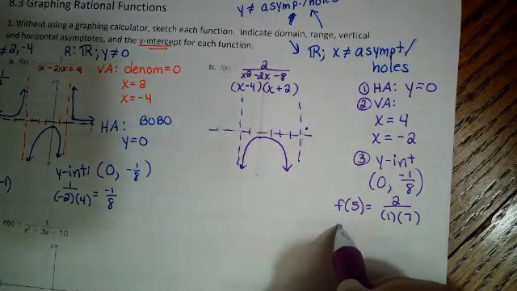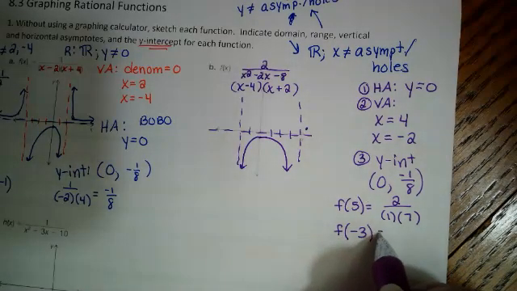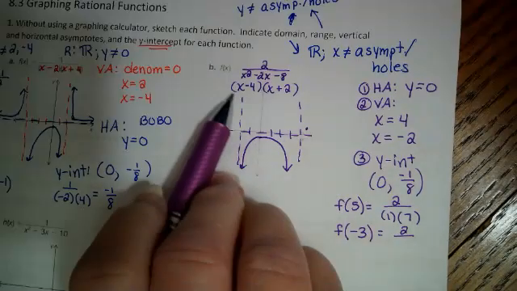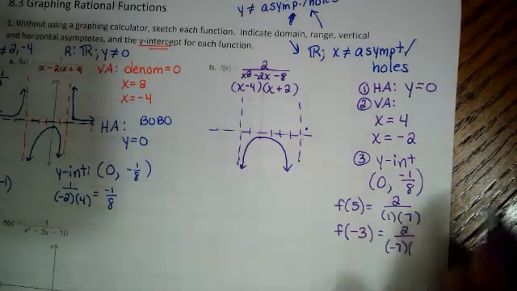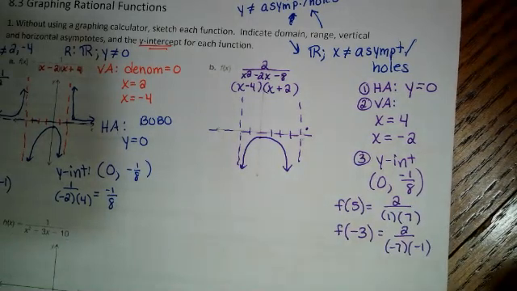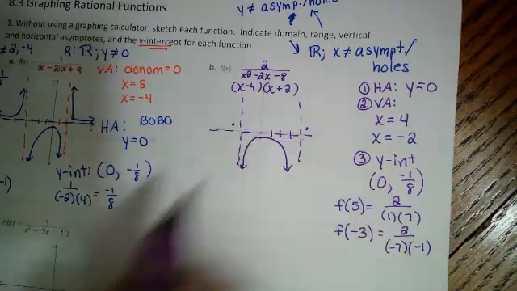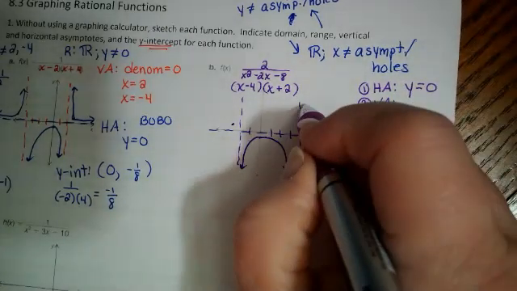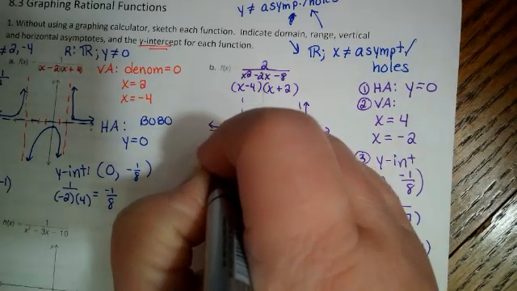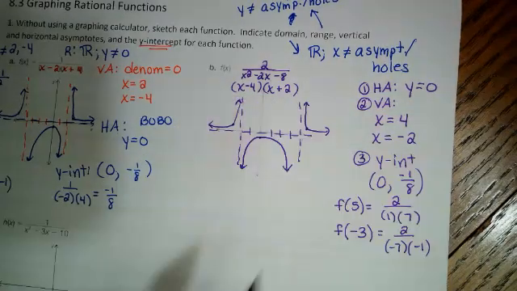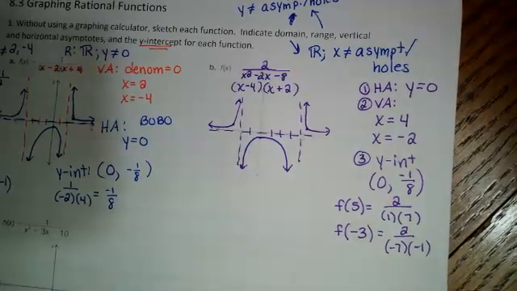And if I did the same thing for f of negative 3, negative 3 minus 4 is negative 7. Negative 3 plus 2 is negative 1. I get positive 2 over 7 again. So the graphs look very similar. The 2 branches on the sides look just like a rational even function.